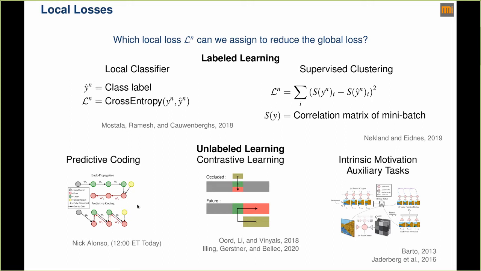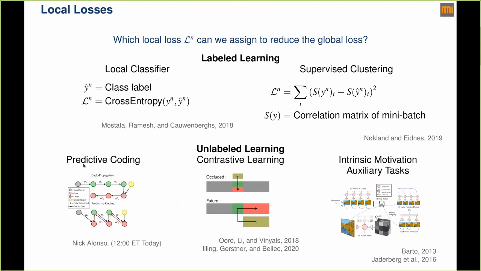This corresponds to the idea of having local losses and local targets. Nick Alonso, one of my graduate students, will be presenting this later today. Especially, he'll be talking about how we can implement a key element of predictive coding, which is the calculation of errors in this network.